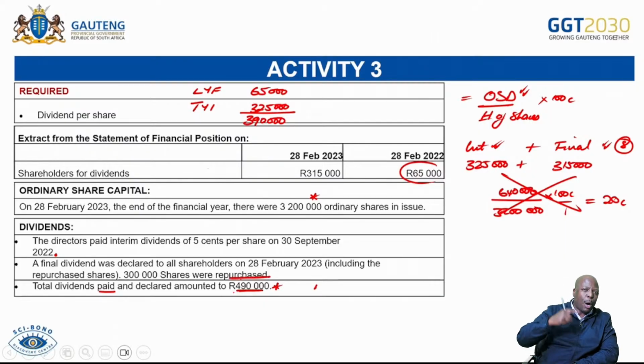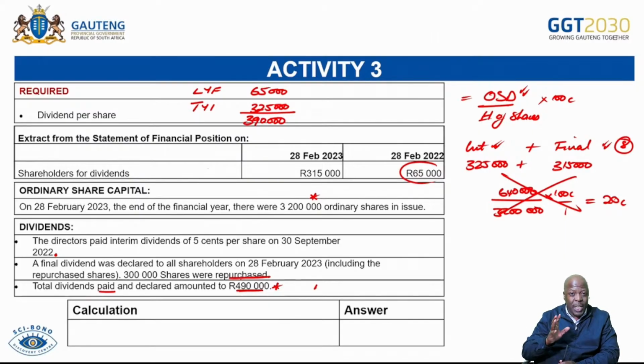So once the number of shares changes, we have to take that into consideration as we calculate our dividend per share. In that case, we have to do it a bit differently. We have to calculate our interim separately. So we have to ask, how much is our interim dividend per share?